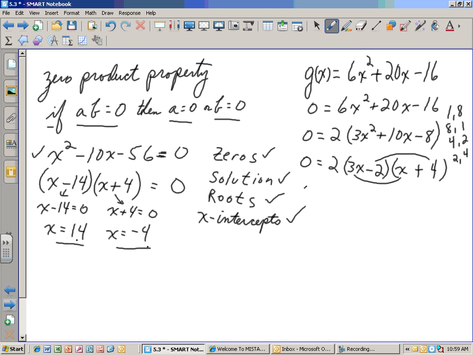So what is the solution? Well, either 3x minus 2 has to equal 0, or x plus 4 has to equal 0. We'll talk about the 2 on the outside. So let's add 2 and divide by 3. So x could equal 3 halves.